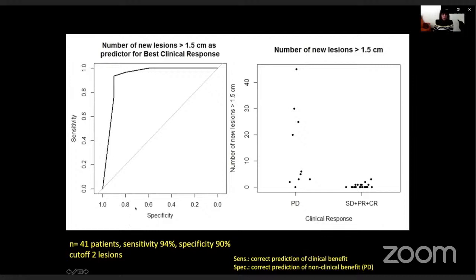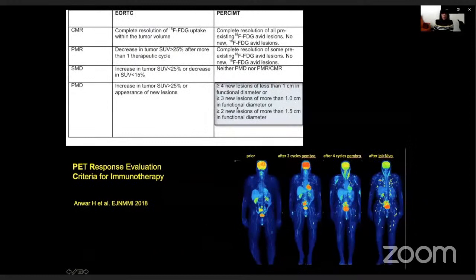So 2 lesions with a diameter of more than 1.5 centimeter can be used as a criterion to classify patients into progressive disease and all other groups, with a sensitivity of 94% and a specificity of 90%. And this led to the definition of the so-called PERSIMT criteria. We published them in the Journal of Nuclear Medicine in 2018.